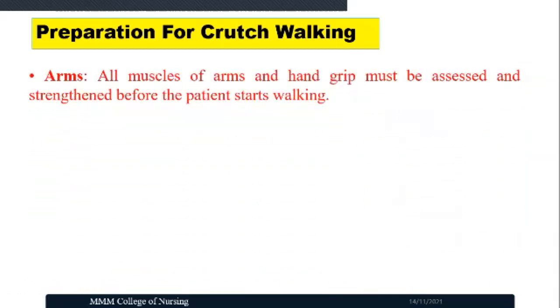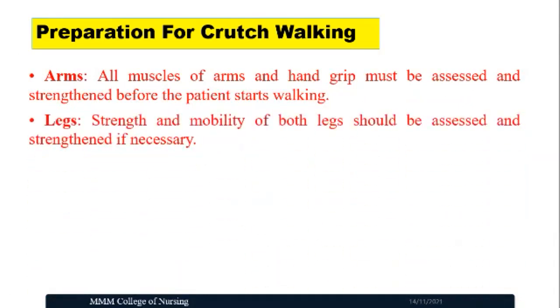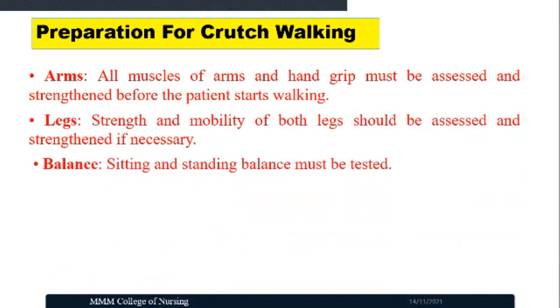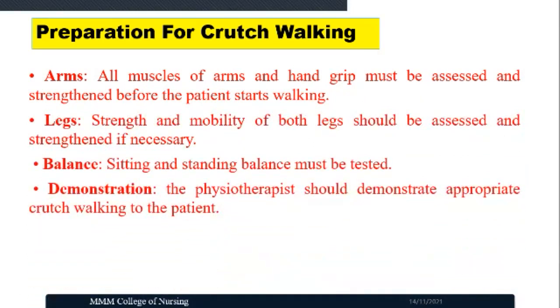Before starting crutch walking, the arm muscles and the hand grip must be assessed, and should be strengthened before using the crutch, so that the patient is able to walk. The leg strength and mobility of both legs should also be assessed, and certain exercises can be done to strengthen the leg muscles.